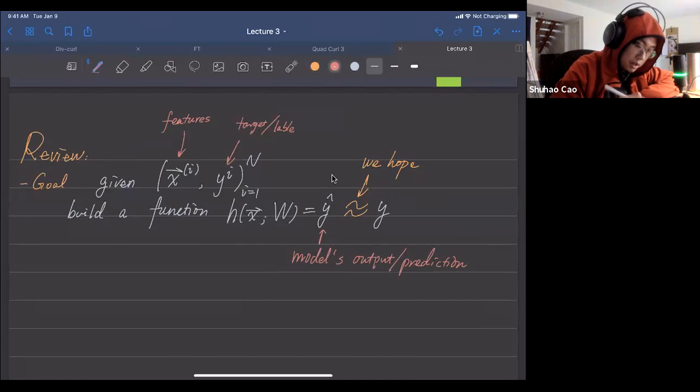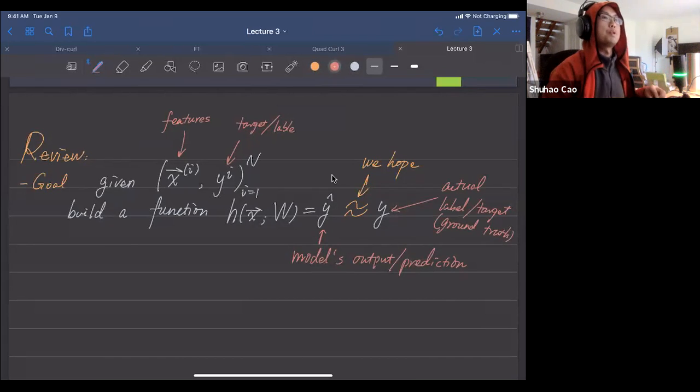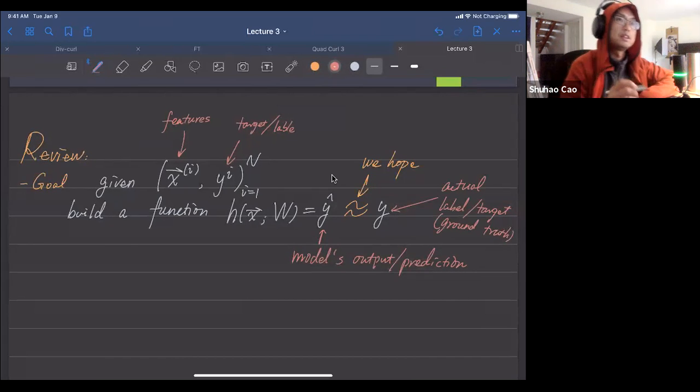And this is the actual label or target. Many people call this ground truth in the statistics context. So this is our goal.